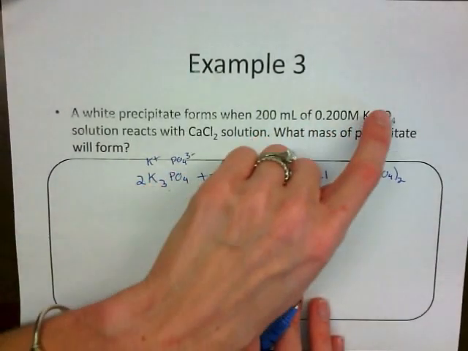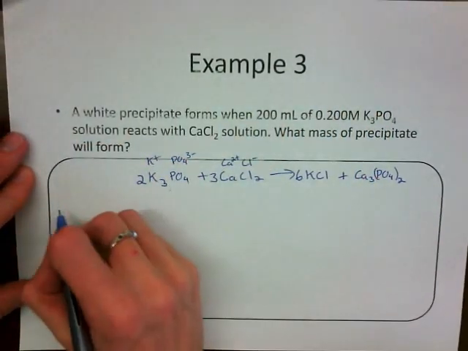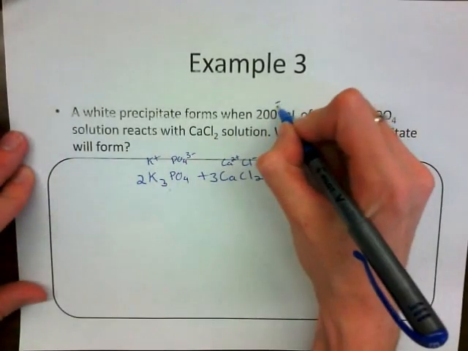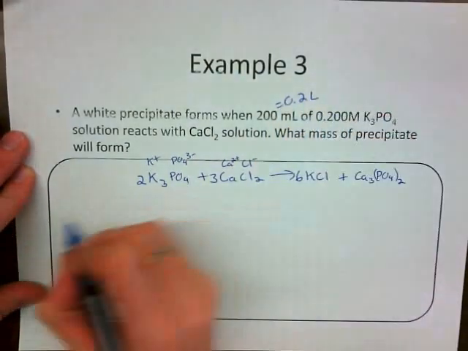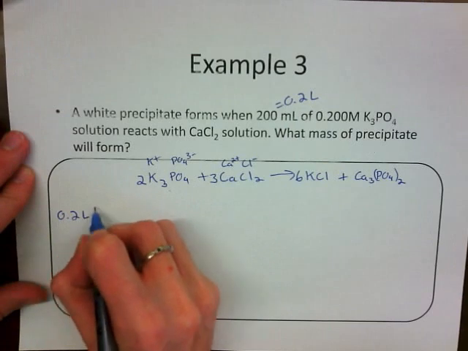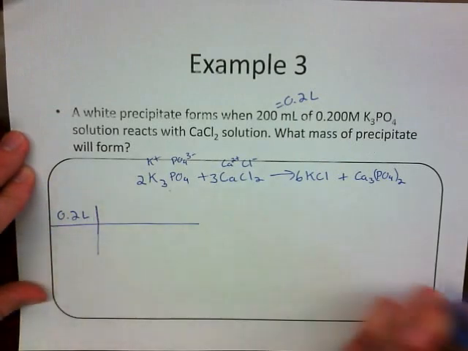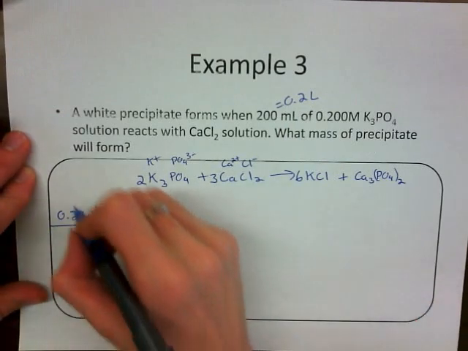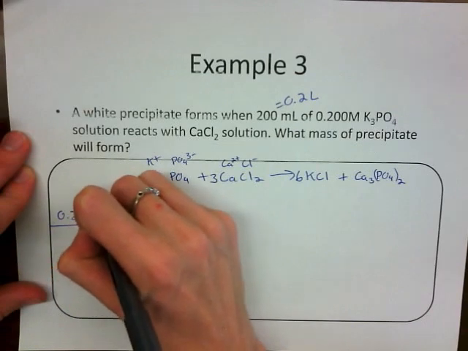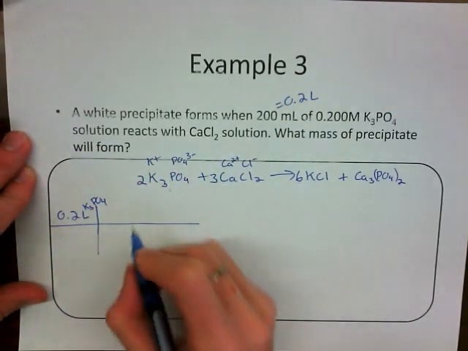Let's start with the solution I know the most about. I have 200 milliliters, that's 0.2 liters, of potassium phosphate.